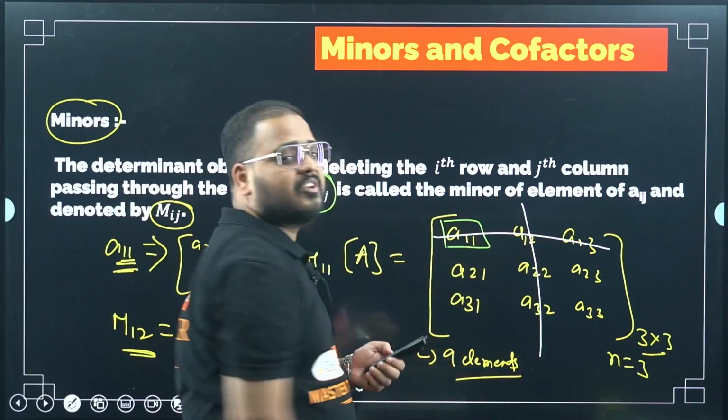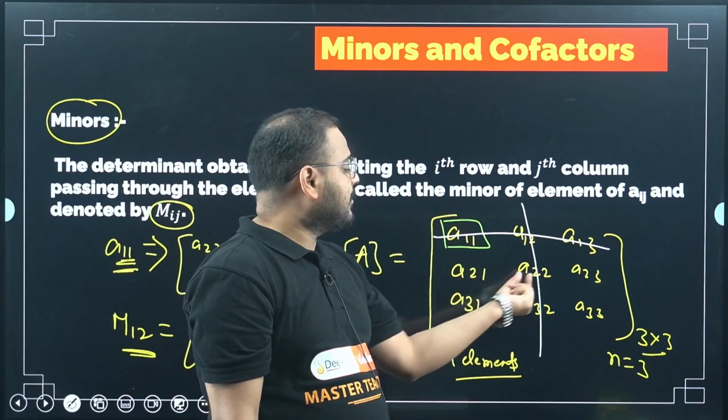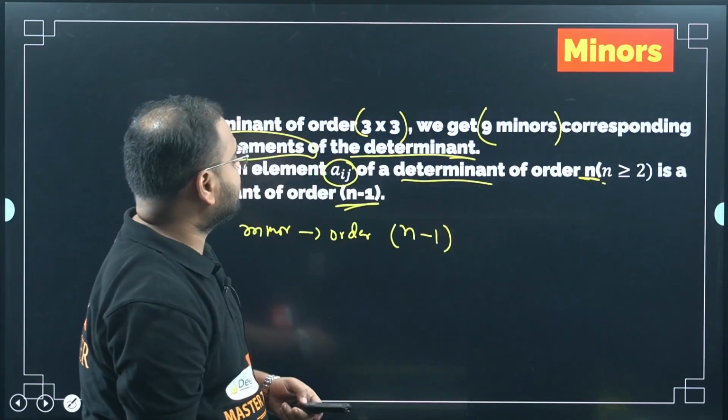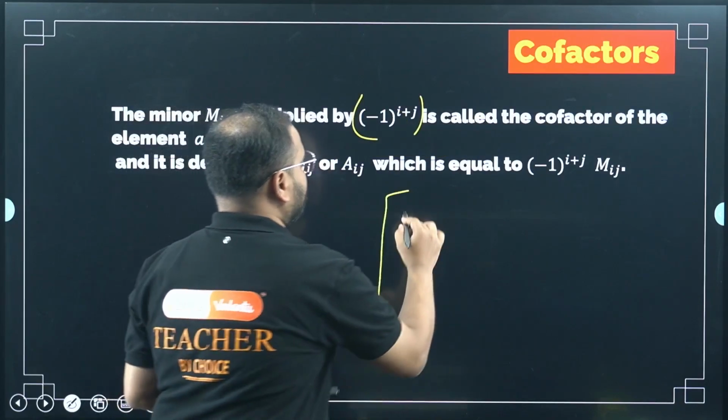A12 is negative, A13 is positive. Same way A21 is odd, so negative. You have to write the sign.